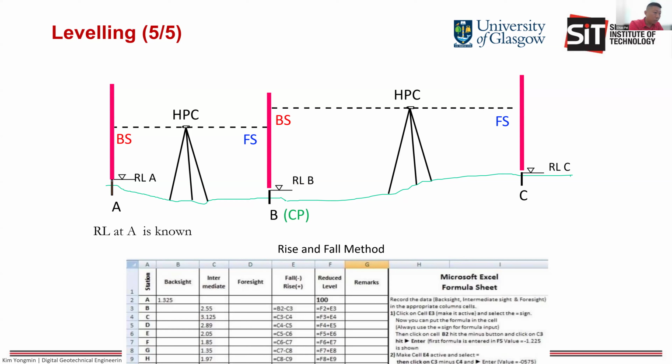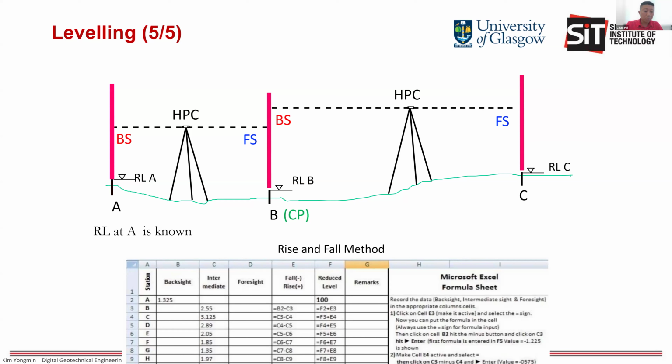So you see below the table, the first three columns are for you to record the backsight reading, intermediate sight reading, and foresight reading.